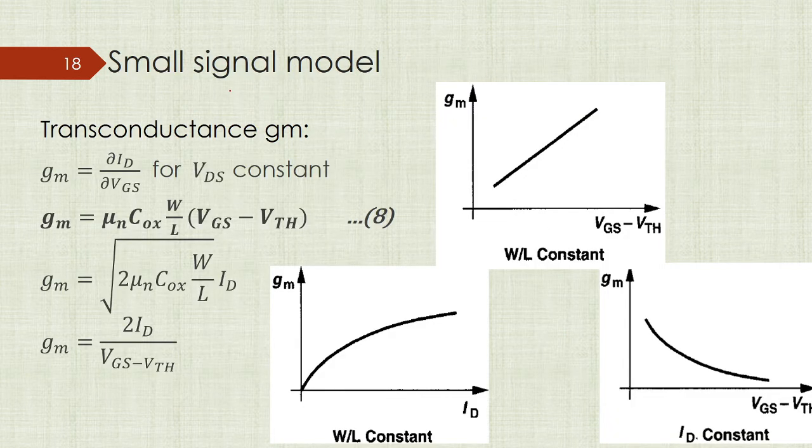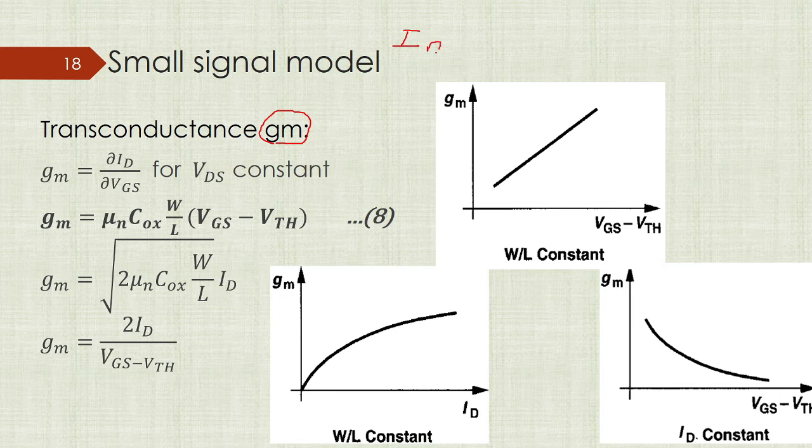Now we will move to the small signal model, and for this I will start with the transconductance. The transconductance of the transistor is defined as the derivative of the current with respect to the VGS.